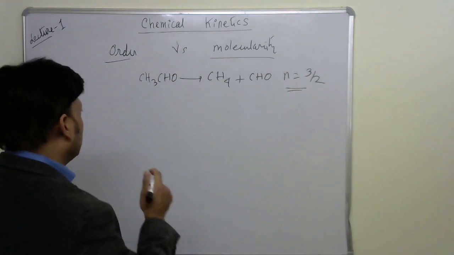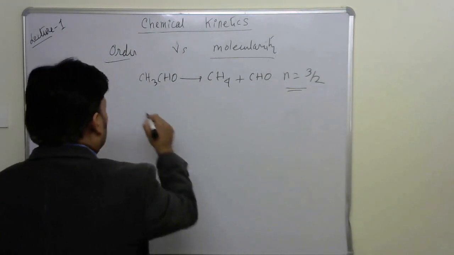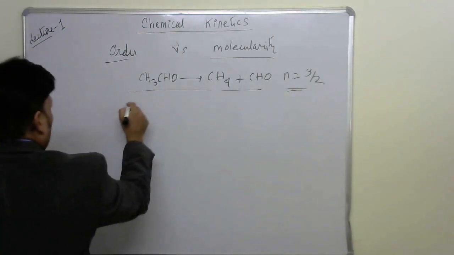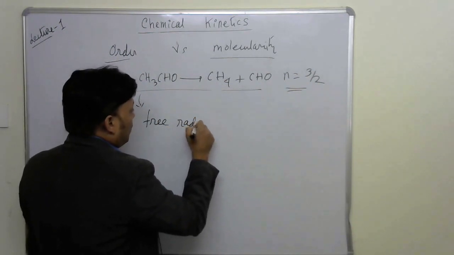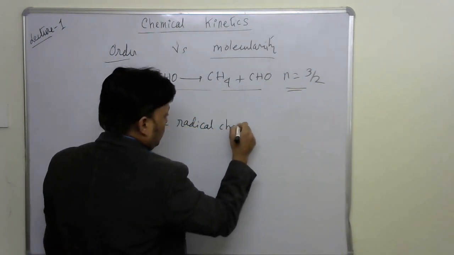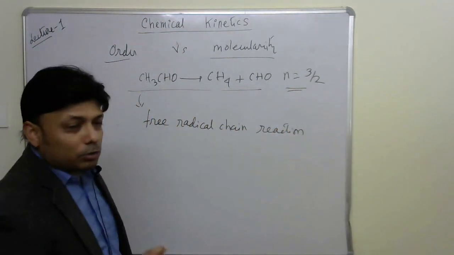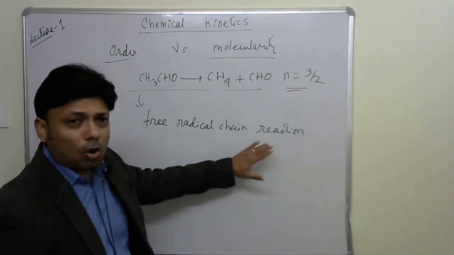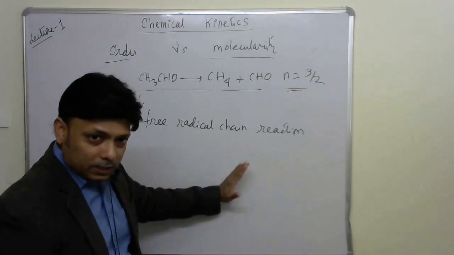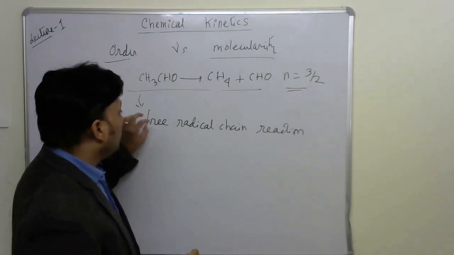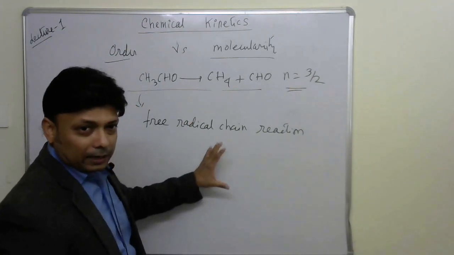The answer is that this is an exception. Why an exception? Because this particular type of reaction falls within a special category called a free radical chain reaction. For a free radical chain reaction, we are unable to determine the order from the mechanistic steps or the molecularity of the slowest step. We don't go in that direction. We calculate the order directly from the reaction data.